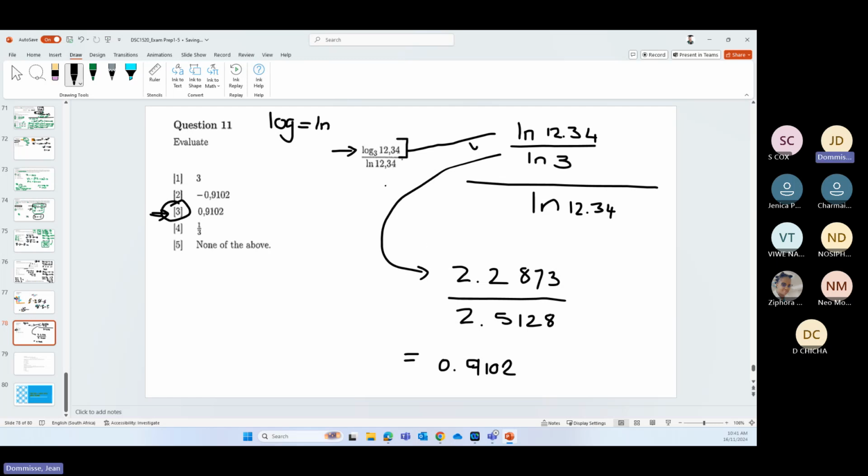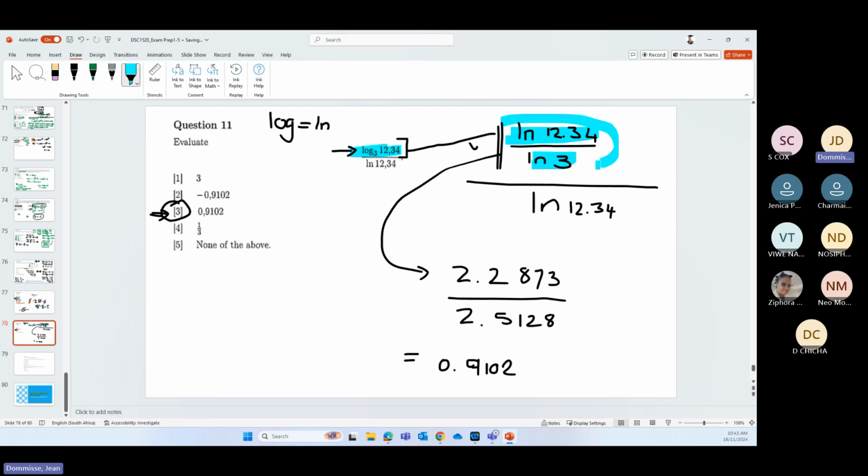And if you don't have that fancy calculator that does that, this will give you exactly the same. When you just split it out, you handle it just as two separate things. So first work out ln 12.34 divided by ln of 3. So that is then working out what you needed to do here.